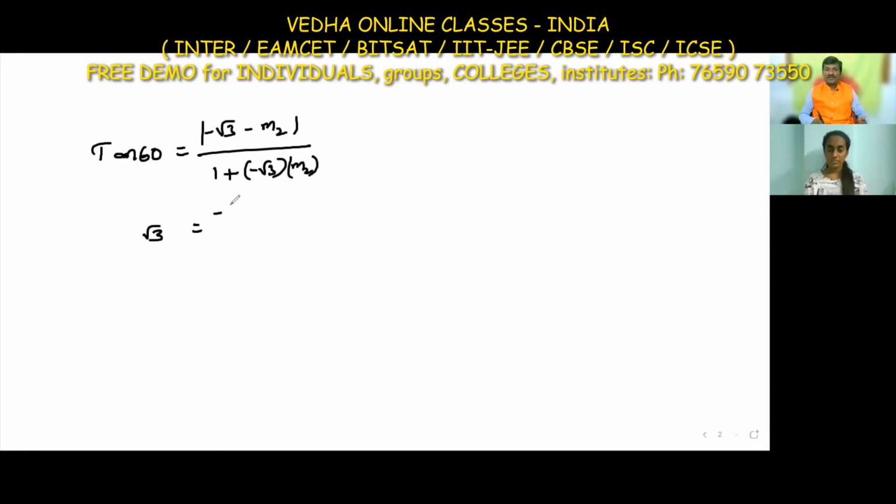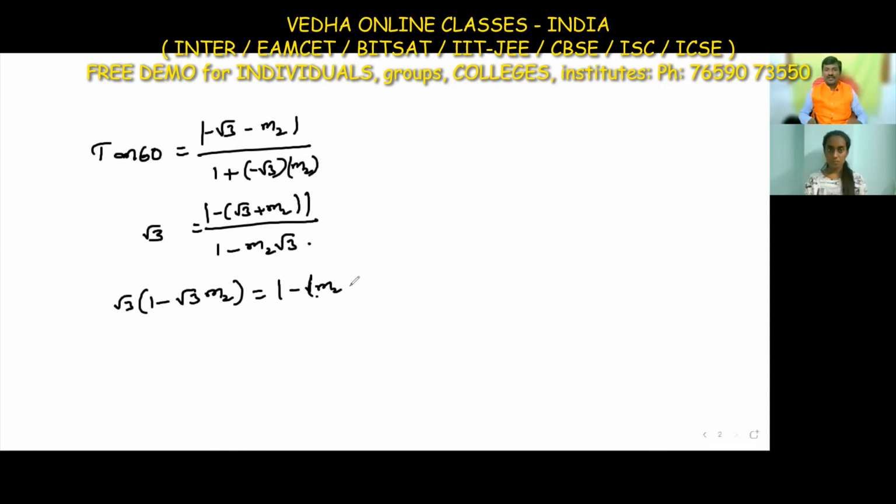So root 3 equals the modulus of minus (root 3 plus m2) divided by (1 minus m2 into root 3). Taking the denominator to the left side, root 3 into (1 minus root 3 m2) equals the modulus of (m2 plus root 3).